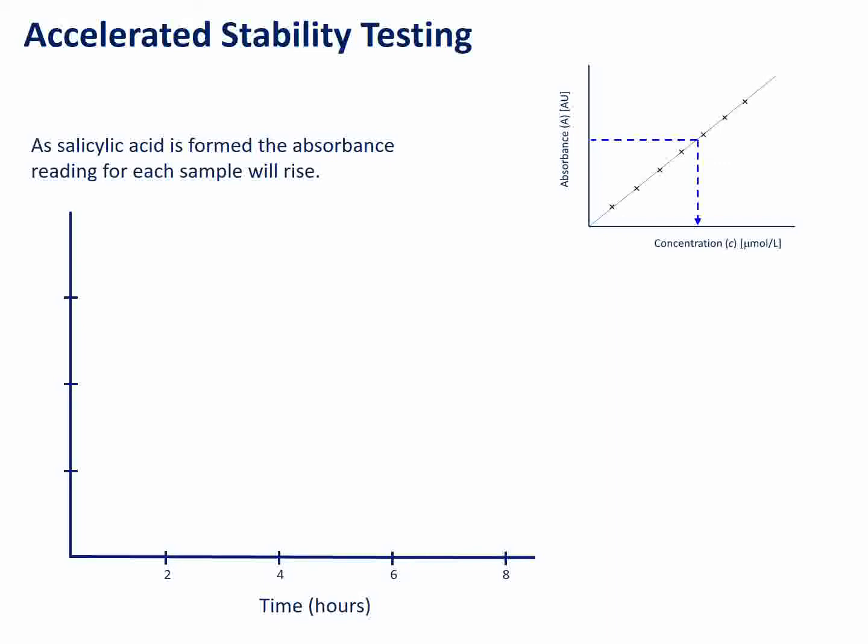Now, as I said earlier in tutorial 2, we wouldn't probably actually draw the graph and read across like this. You would use something like Microsoft Excel to actually draw the plot for you, work out the equation of the straight line, then you would just use the equation of that straight line to work out the concentration.